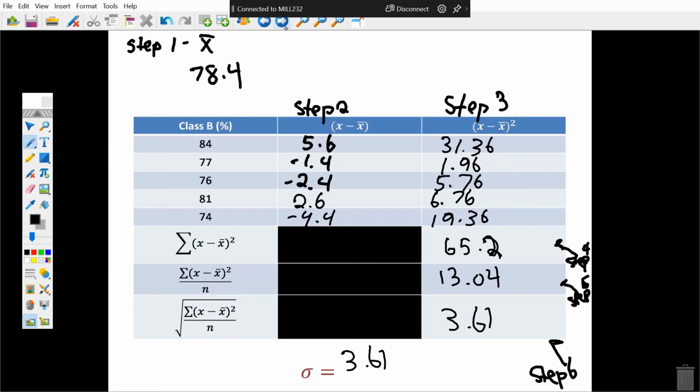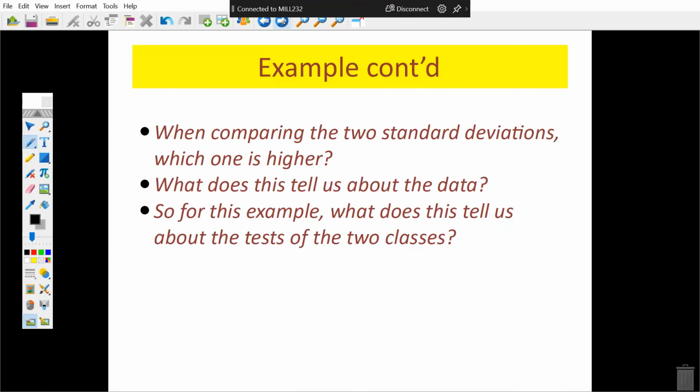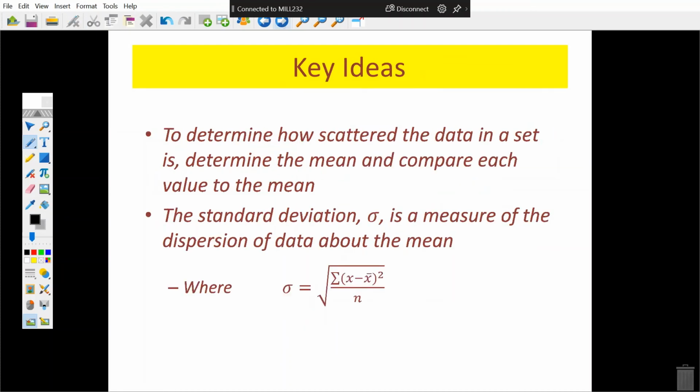Now, what does that mean? For example, what does that tell us about the tests of these two classes? Okay, remember one had a standard deviation of about 14 and the other one was around 3.6. So what that means is the standard deviation, once again, is a measure of dispersion of data about the mean. So how close the data is to the mean, to the average.